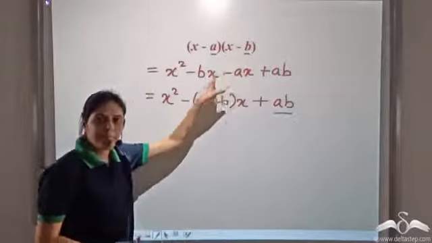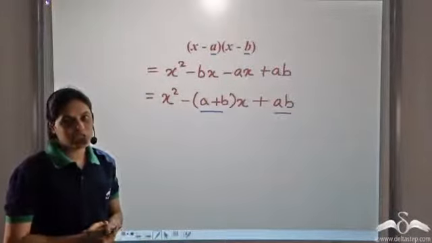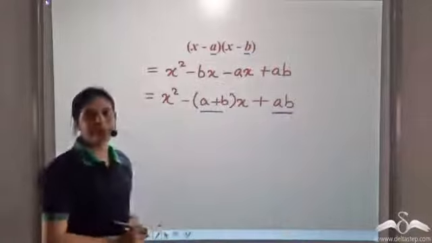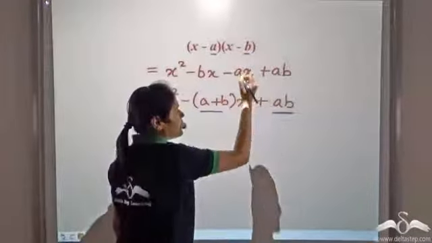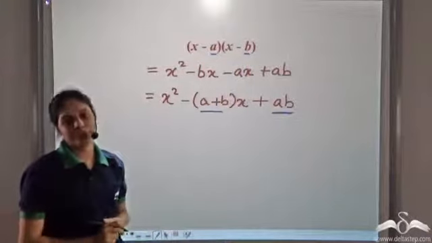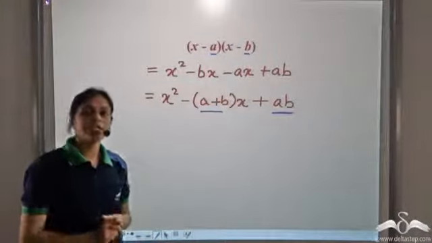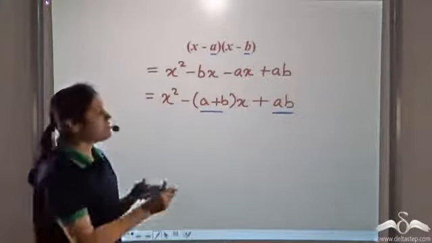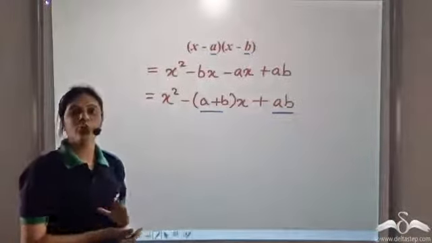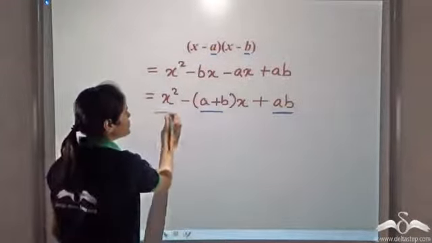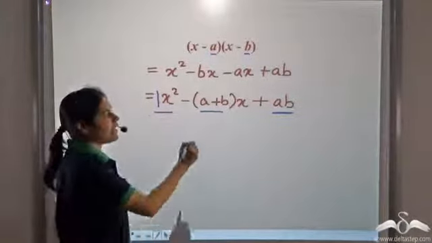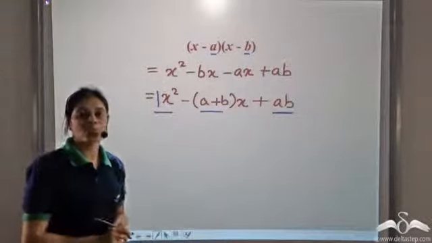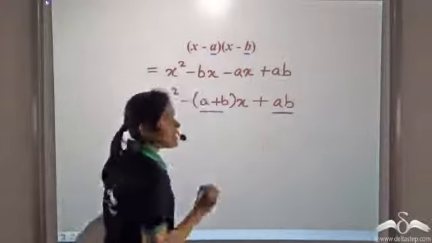In order to find a and b, we try out different possible combinations of p(x). But observe that the last term here is ab. a and b both are the factors of ab. So we can limit our possibilities to the factors of the last term. So in general, whenever you have to factorize a polynomial of this form, where the first term has coefficient 1 and all the other terms have integer coefficients, then you can limit your possibilities to the factors of the last term.